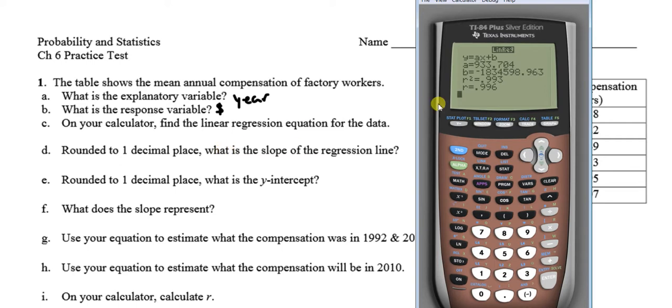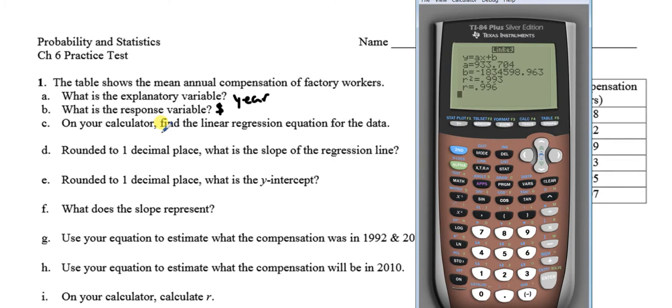Y equals 933.7, that's my A right here, x plus B, which is negative 1,834,598. And you might wonder why that's such a strange number.